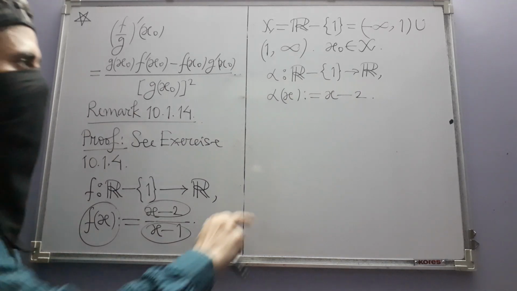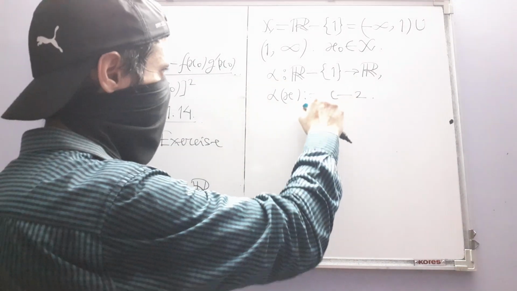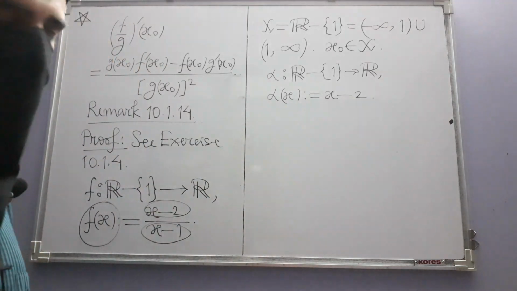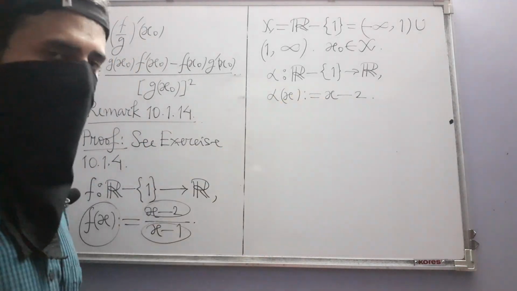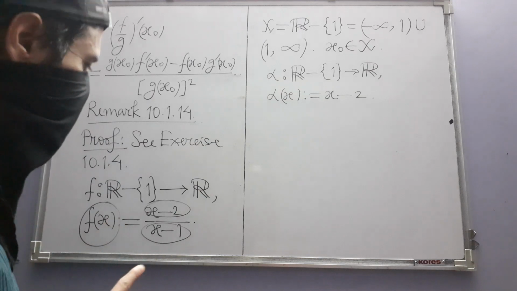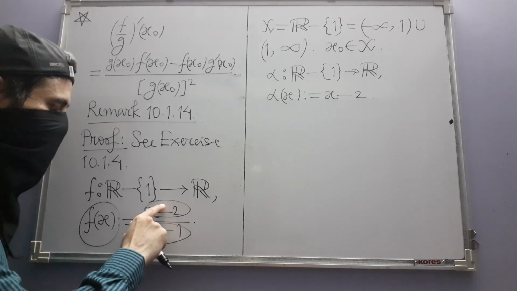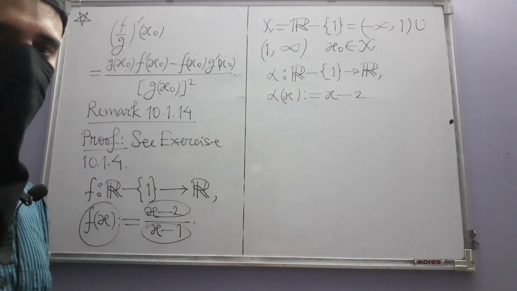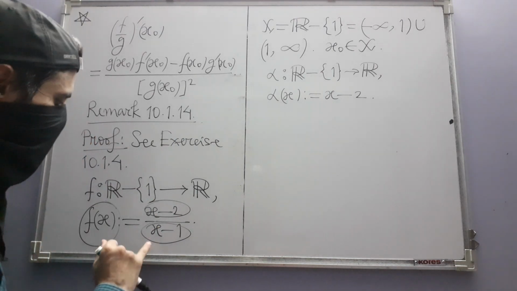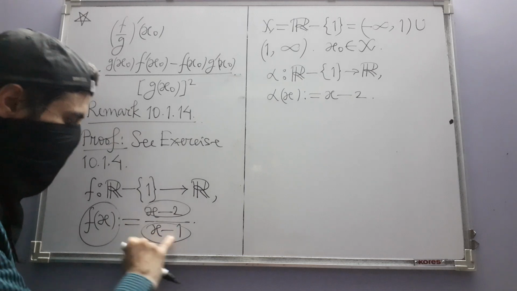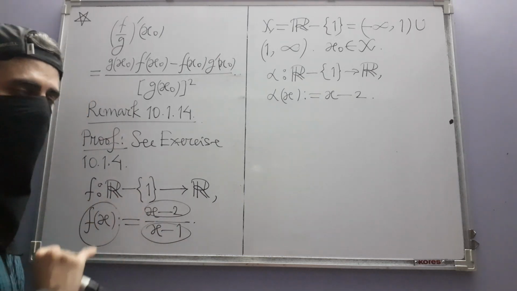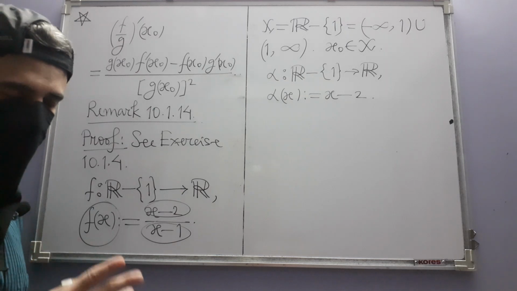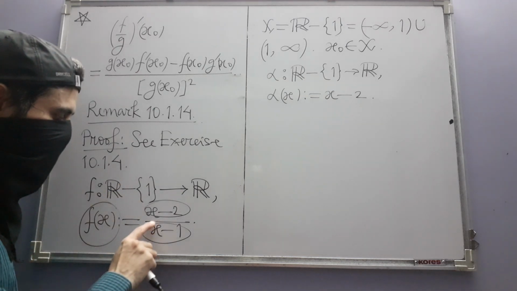You may object that what is the reason for removing 1 from the domain of this function, since you can actually put 1 here, but that's not the point. You see, we have to consider two functions whose domains are common. There is only one domain, because the domain of x minus 1 has to be this only. This means this is the largest possible, and that's the one we are considering here.